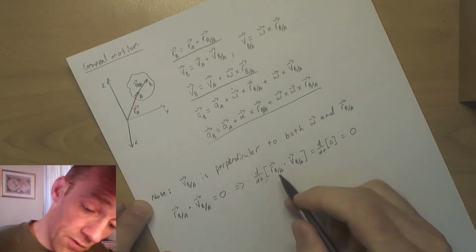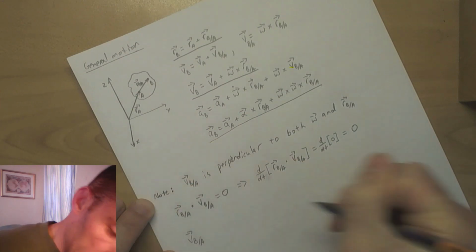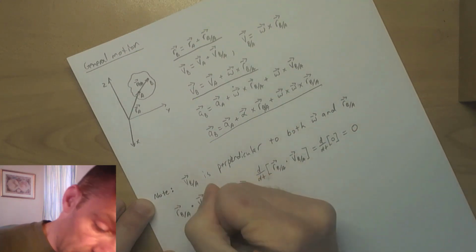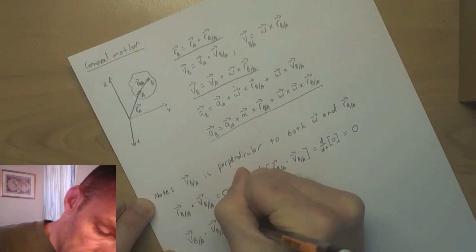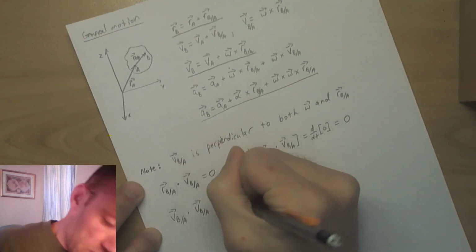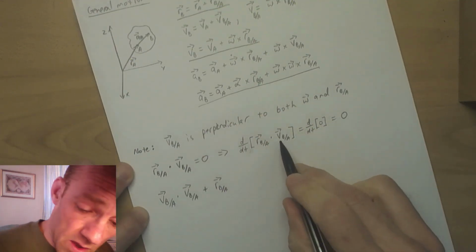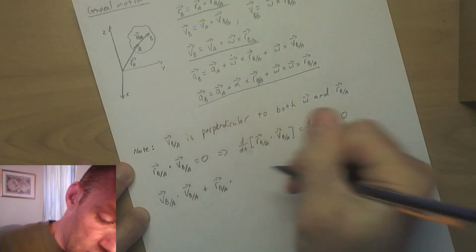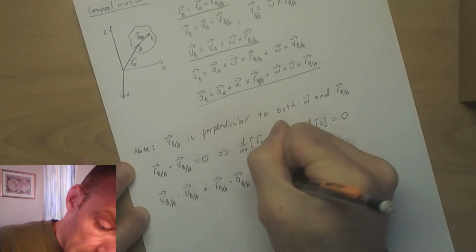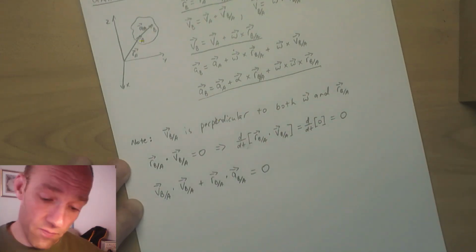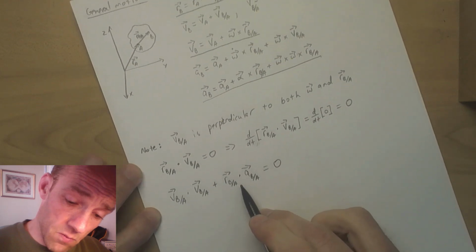The derivative of this is the relative velocity, derivative of the first times the second dotted with itself, plus the first dotted with the derivative of the second. And again, this will equal 0. So what does that mean?